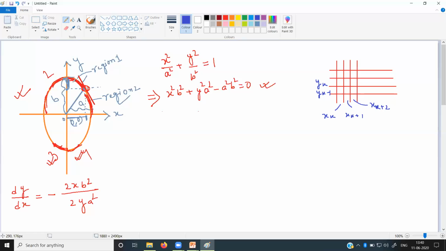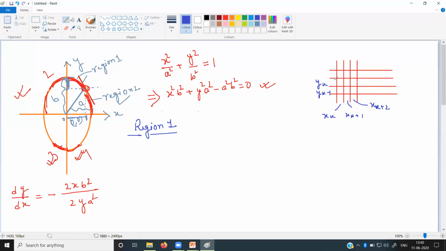Now I am generating the decision parameter for region 1. So we are working for region 1.